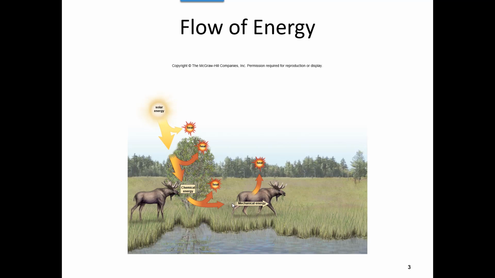An example: as this moose is eating the plants, the energy that is stored in that plant material is moving the moose forward, but only 10% of the energy that was in that plant is helping move that moose forward, which means 90% of the energy is actually lost as heat.